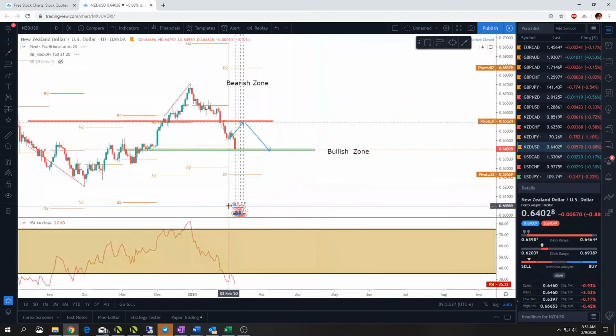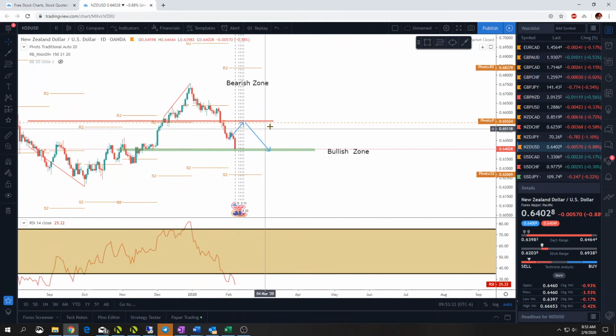New Zealand dollar, US dollar. So, we didn't get that pull like we did, and now we're sitting on bullish. So, I'm going to move my alert. I'm going to move it to here.